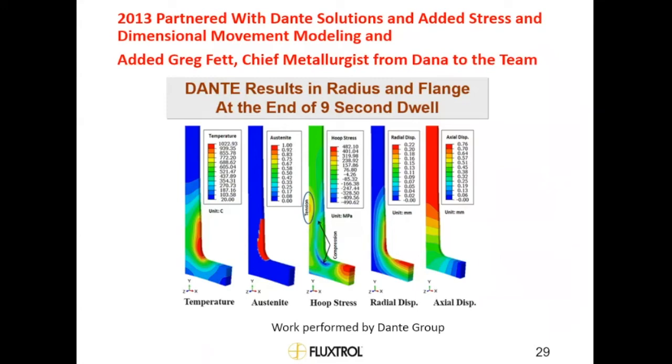And once we coupled our electromagnetic and thermal results with their thermal, structural, and dimensional movement results, we really started to learn a lot more about what's happening dynamically inside of that shaft and provide us with the information that we're going to need to communicate with production engineers and plant and corporate and plant metallurgists. And we also added Greg Fett to the team, who was at that time the chief metallurgist from Dana, who was the world's largest producer of axles, and now is a retired consultant for heat treatment.